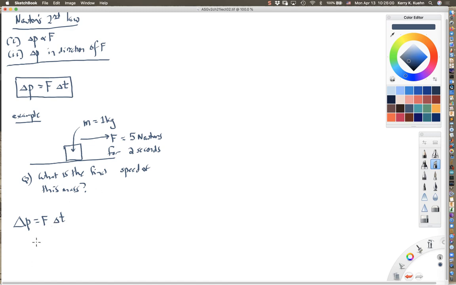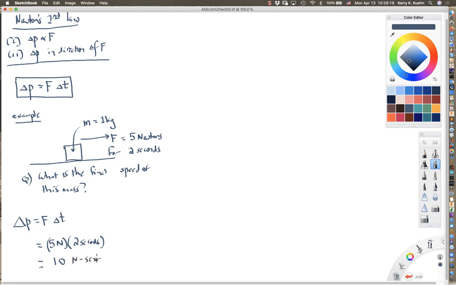We know what the force is. It's a 5 Newton force. And we know the time interval during which we're applying it. It's 2 seconds. So we can right away find out the change in momentum to be 10 Newton seconds.